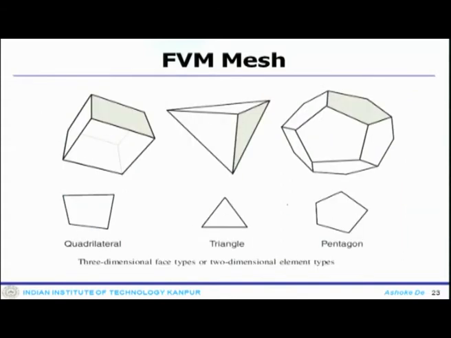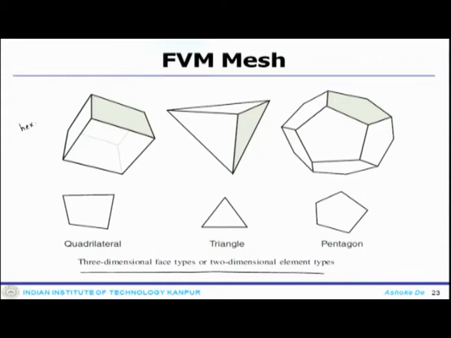Now, if you do some sort of a mapping between 3D and 2D, this picture will give you an idea how the 3-dimensional element and the 2-dimensional element are connected. So, this is a 3-dimensional hexahedron element.